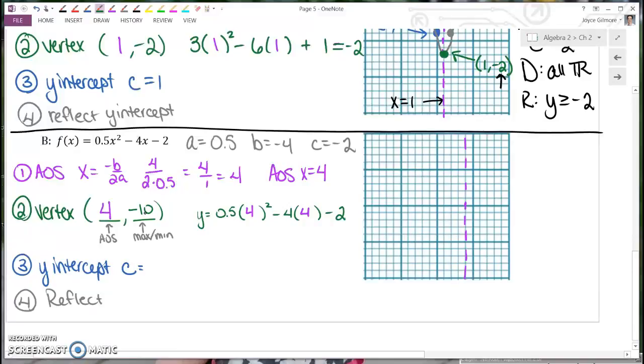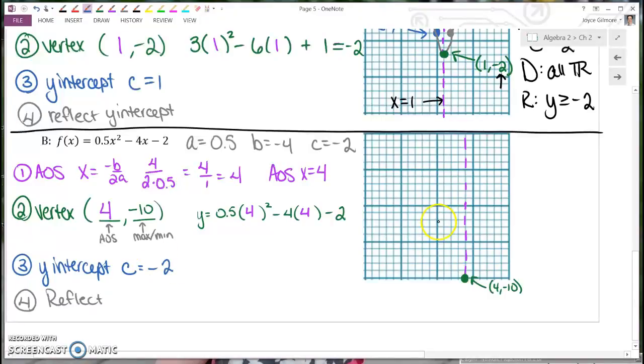-10. Did you get -10? So our vertex is at (4, -10), and I'm going to go ahead and label that my vertex is here at (4, -10). The y-intercept is our c value. Our c value is -2.